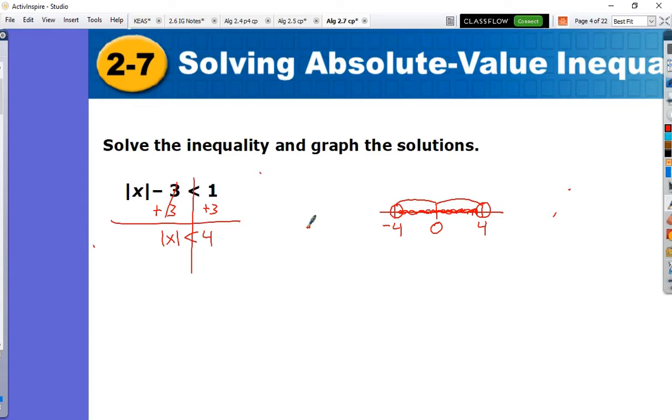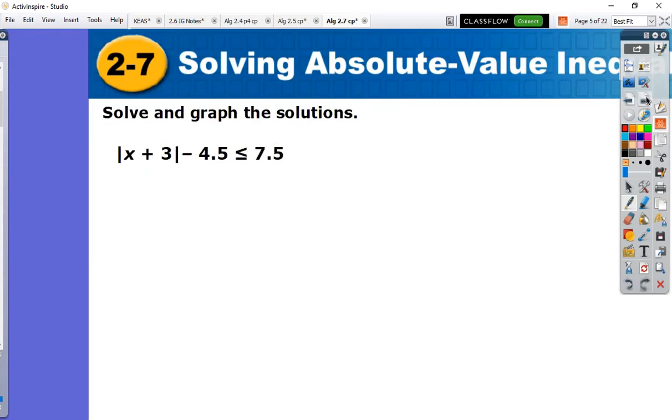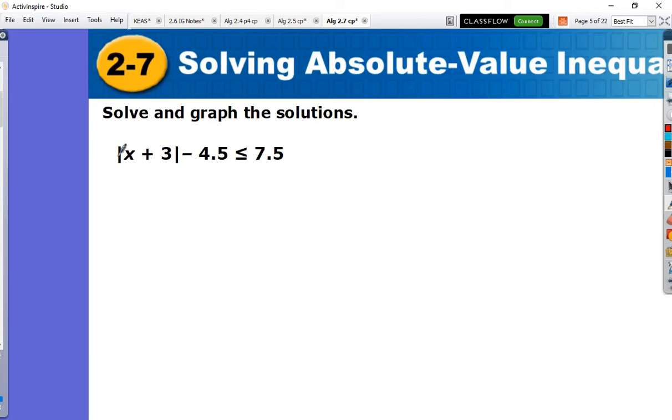Let's check out another one. This one's a little more complicated. We got some more stuff going on. No worries, we're going to work it out. We're working these out just like we did in chapter 1. So this is the absolute value part, so I want to get that alone. I'm going to cancel off the 4.5, so I'm going to go plus 4.5 on this side, plus 4.5 on the other side.